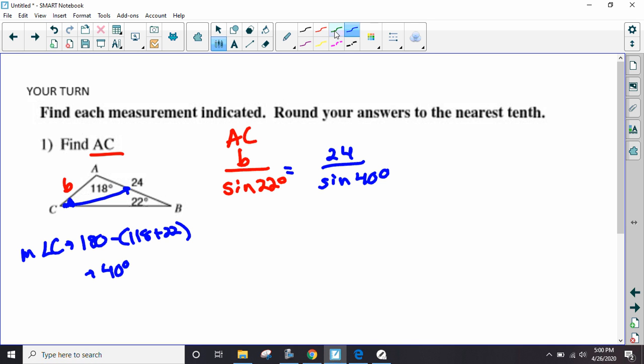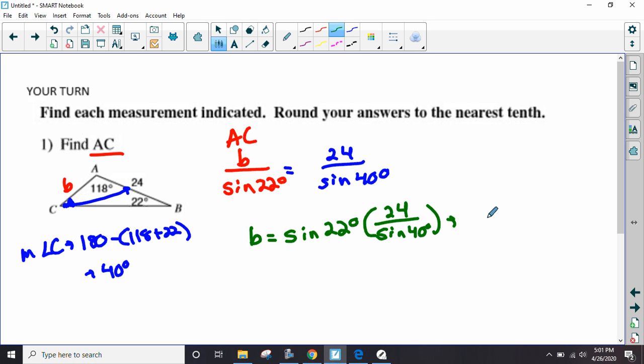The more apt you are with ratios, you may end up doing what I'm doing here, where you know that what we're looking for, b or AC, is the sine of 22 degrees times 24 over the sine of 40.